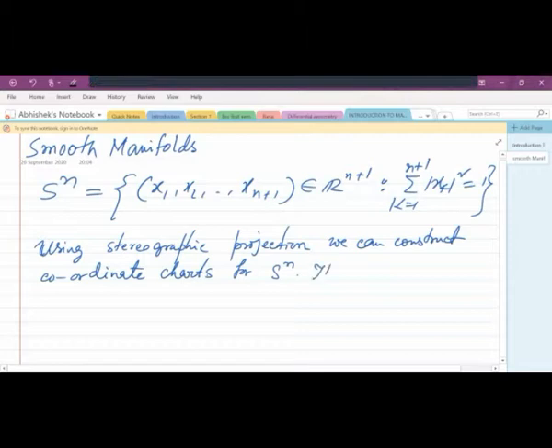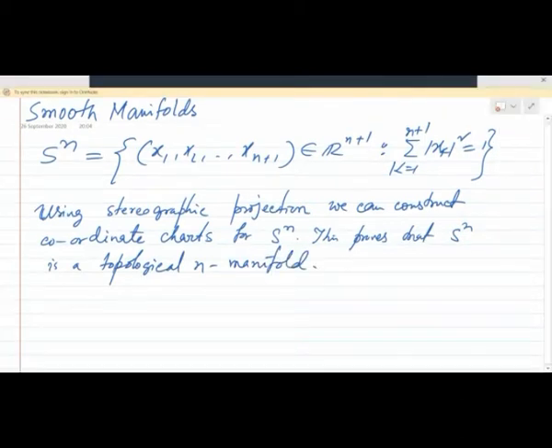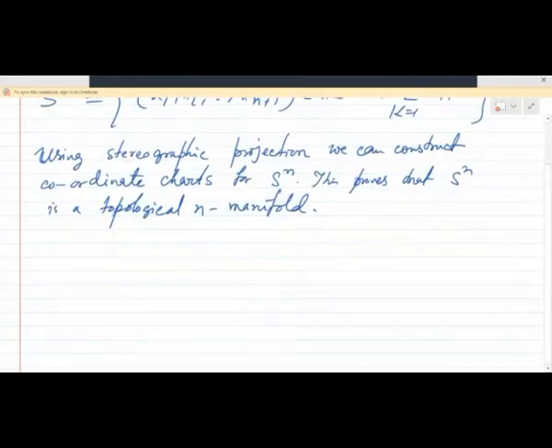And this proves that Sn is a topological n manifold. So this is true for any n greater or equal to 1.